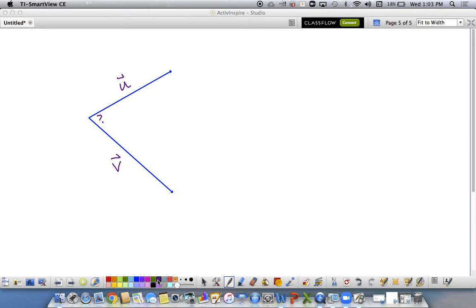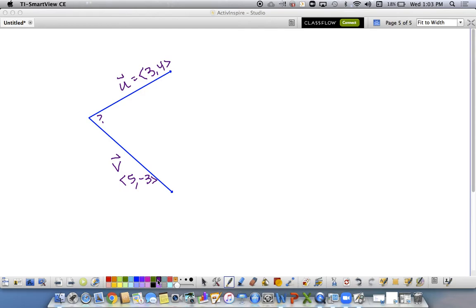Okay, let's do some numbers. We'll use the ones they give us. 3, 4, and 2. Well, this is obviously not 2, 1. So we're just going to make it up. We're going to do 5, negative 3. Can we find the angle between?